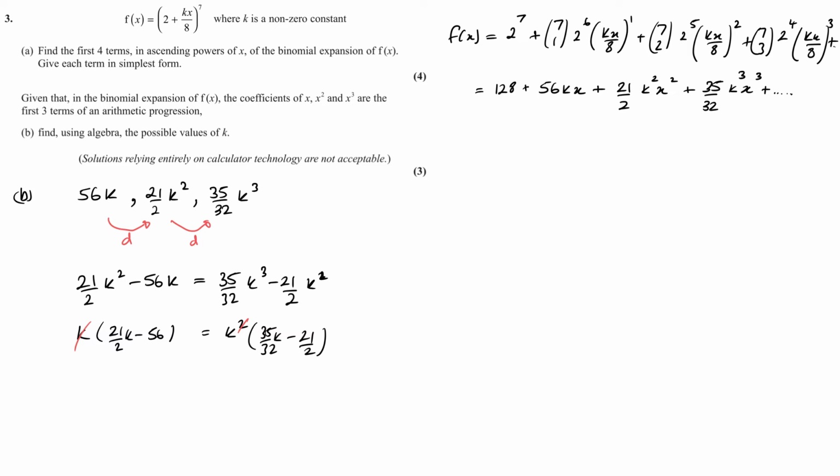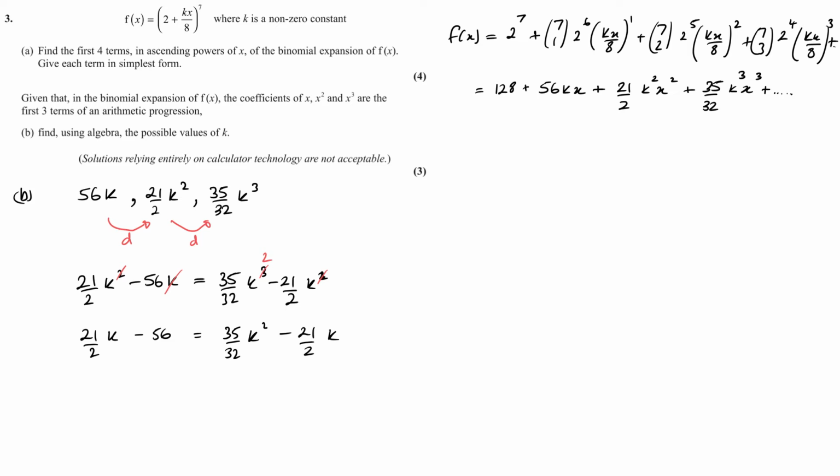So instead of doing this, just switch to my red pen, I could have just divided by k. So that's left me the 21 over 2 k minus 56 equals 35 over 32 k squared minus 21 over 2 k.